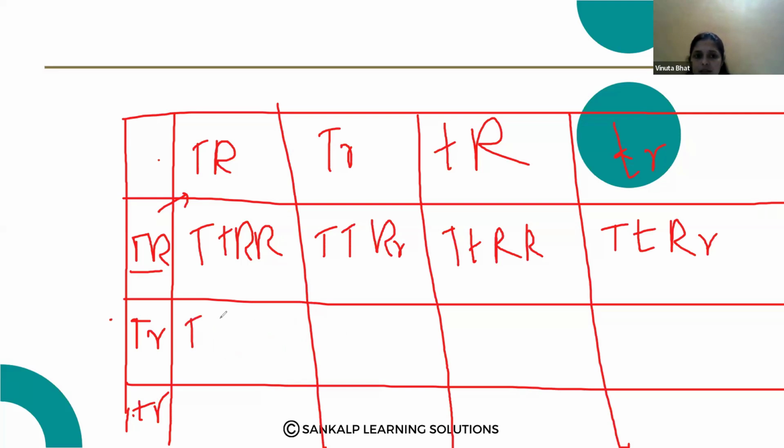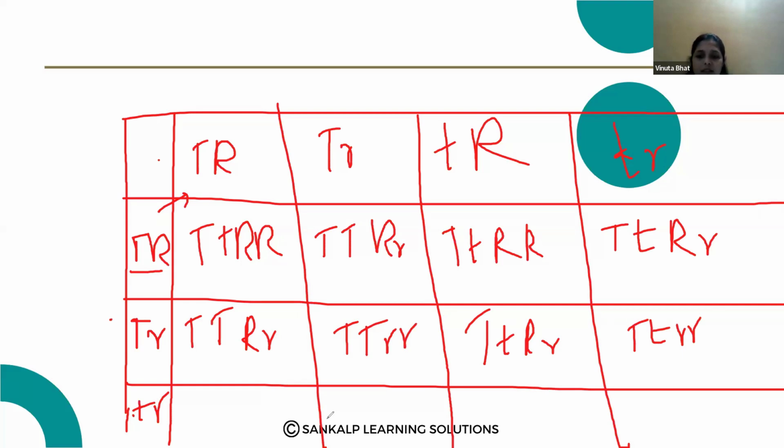Capital T small r, okay, that you should add here. The capital T capital T, capital R small r. Okay, capital T small r. Then capital T small t, capital R small r. Then capital T small r.